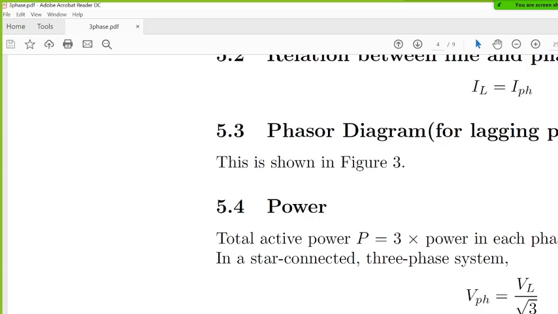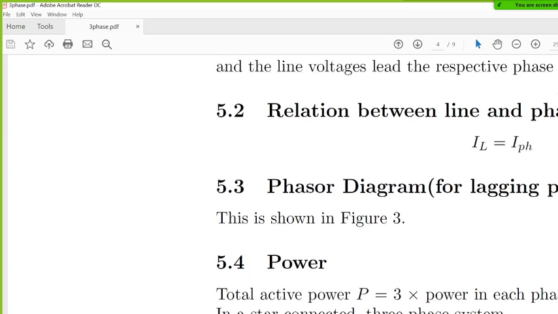After 11, yes. Till 12, no problem. Okay, how is 12 coming? See here, total active power is 3 times power in each phase.